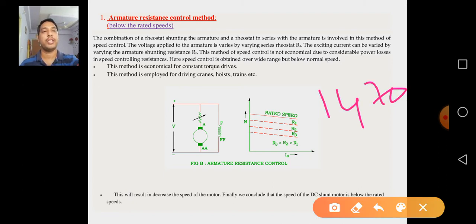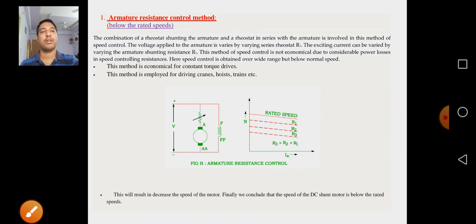If I still increase the resistance value, it droops to 1460. Like that, the speed of the DC motor decreases whenever the armature resistance of the motor increases. So that is the armature resistance control method.